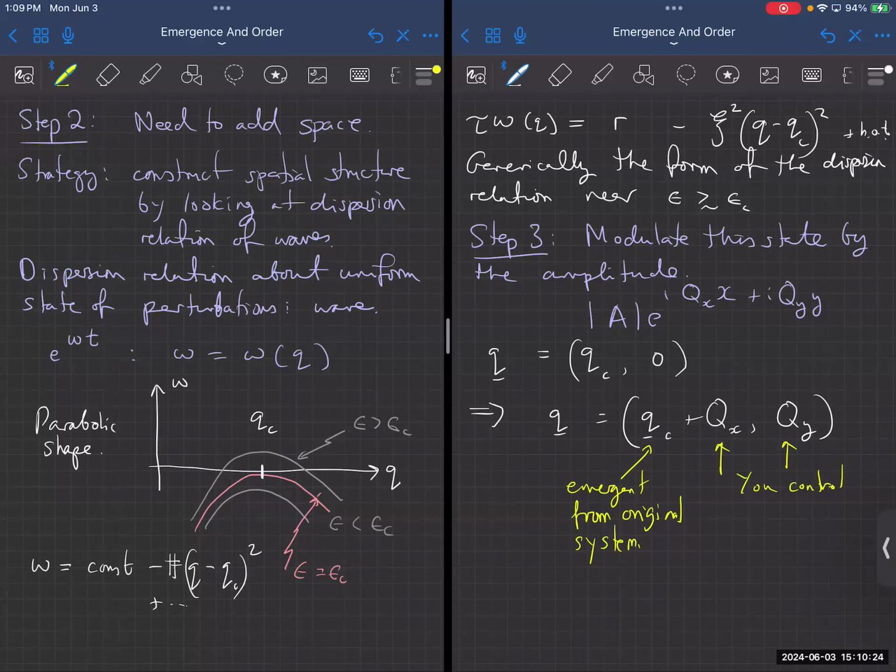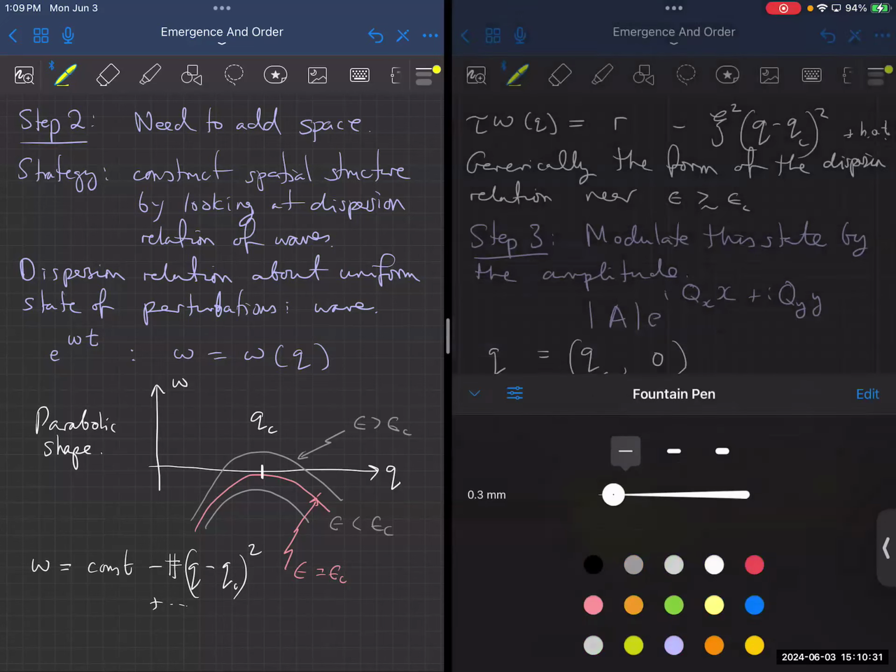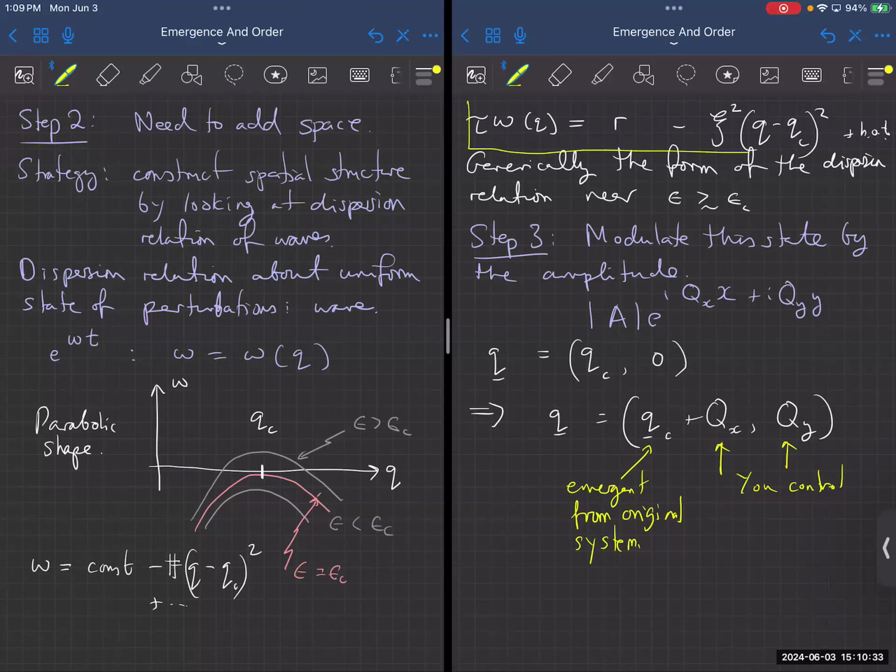So now let's plug that into my formula over here. This is an important formula, so let me put it in a box. Now let's plug in.